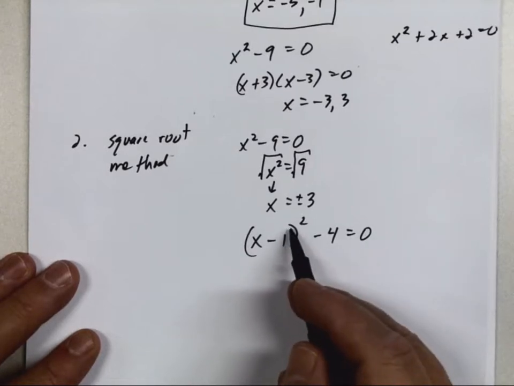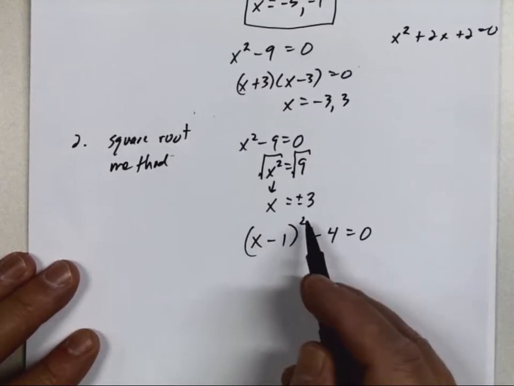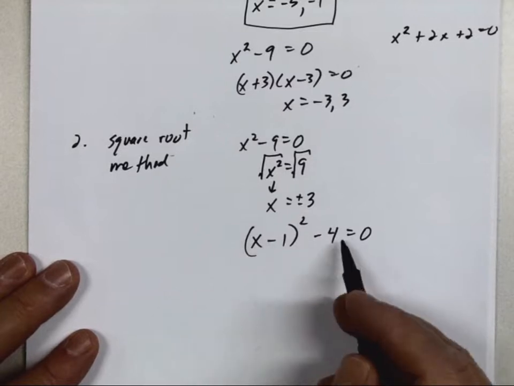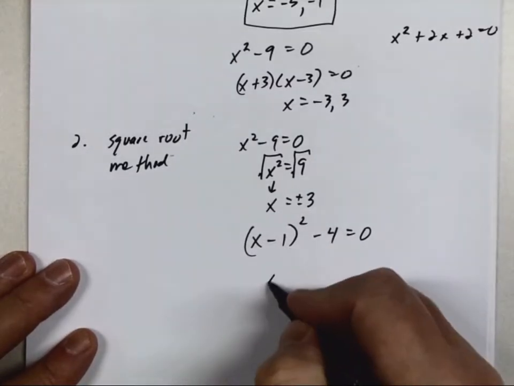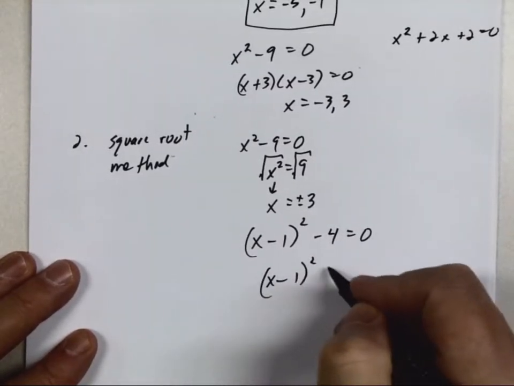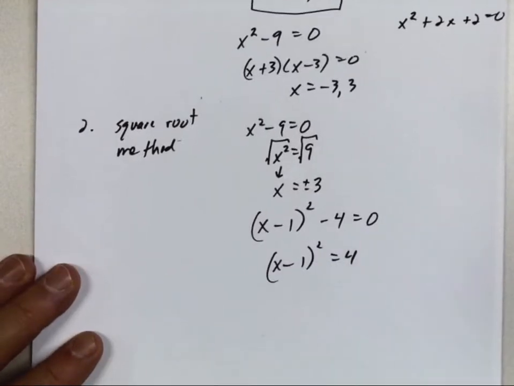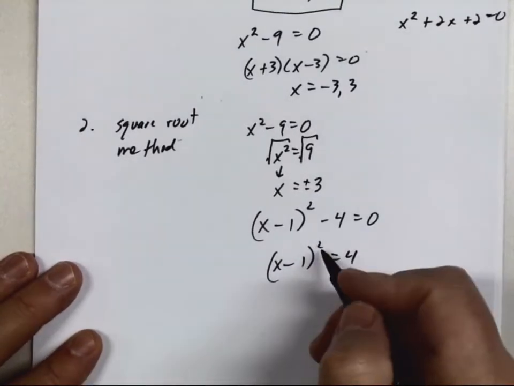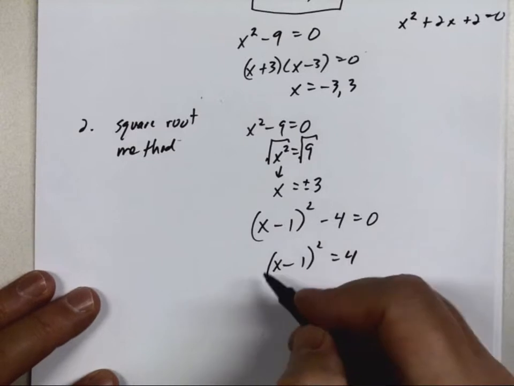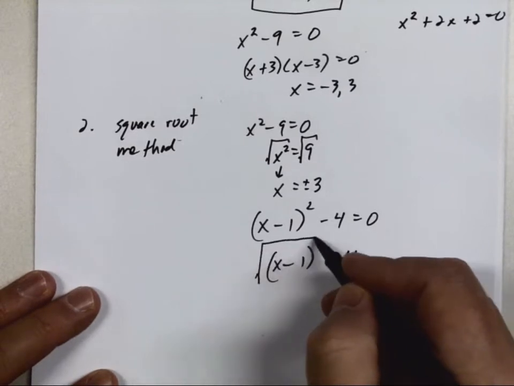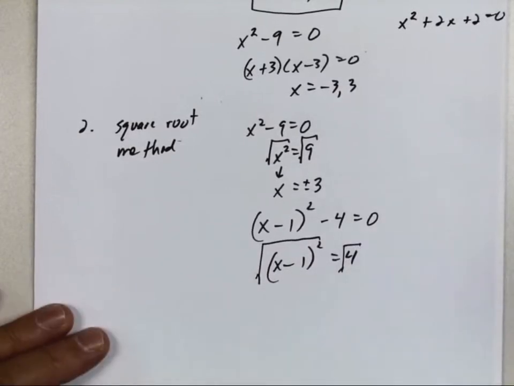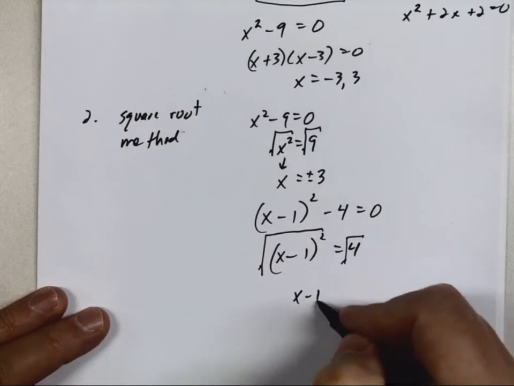But because I have the parentheses squared, the variables inside, and there's no other variables, what if I do this? And now I don't want to have this parentheses squared, so I can actually take the square root of both sides.